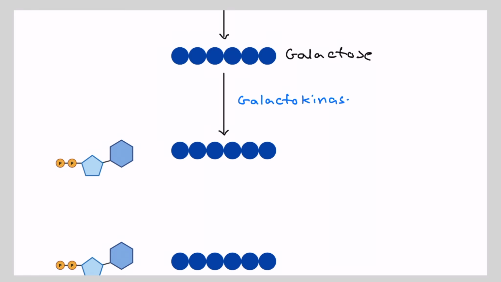This enzyme, as the name suggests, is going to be using ATP, and this ATP is going to get hydrolyzed to ADP, and what happens is a phosphate group is going to be attached to carbon number 1, and what we end up having is going to be galactose 1-phosphate. It's a galactose molecule that has one phosphate group on carbon number 1.